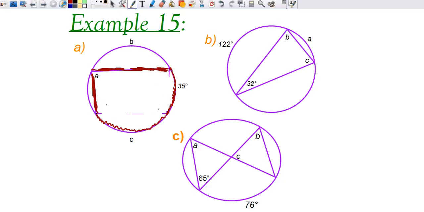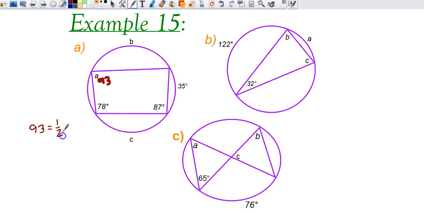Now we had already gotten A. A was 180 minus 87, so A was 93, right? So what I know is that 93 is 1/2 of C plus 35.